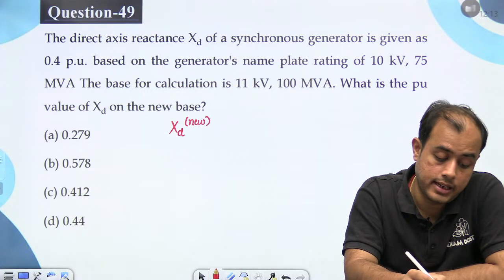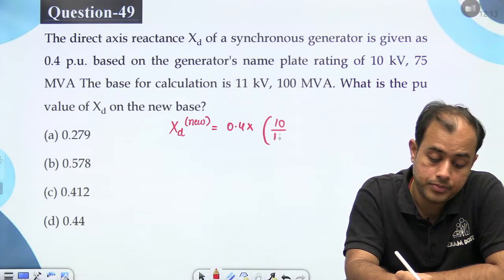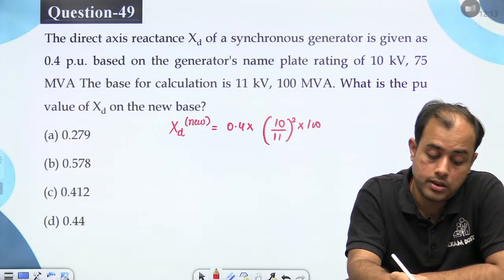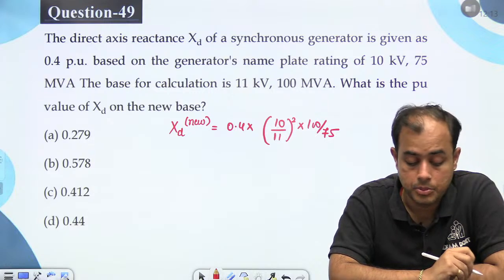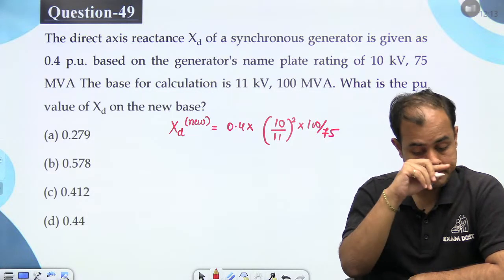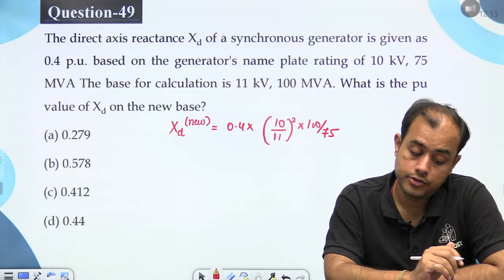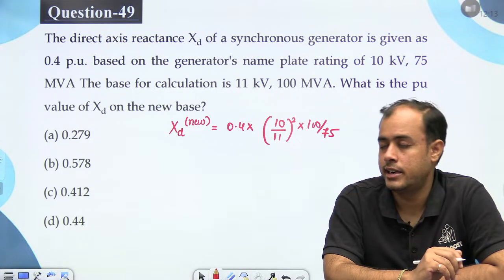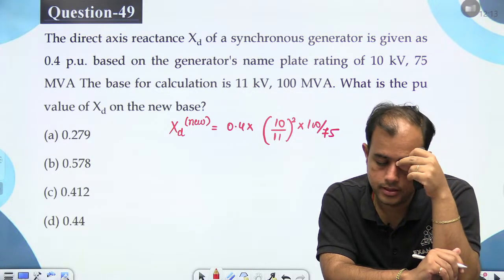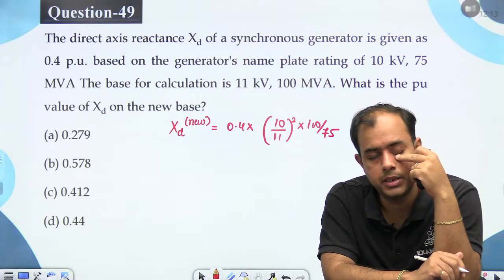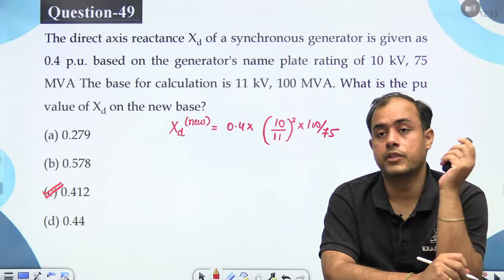So I will directly write old value into old by new into new by old. 4 by 3, 0.16 by 3.4, 0.533, less than 0.533. फिर से देख लो. 40 by 75, 0.533 into 100 by 121, 53.3 by 121, 0.4 something. It will be 0.412.